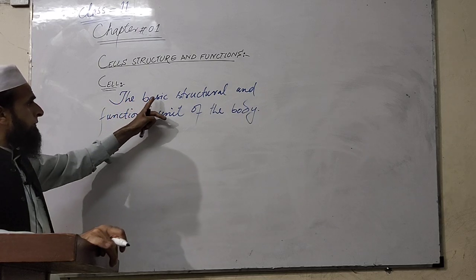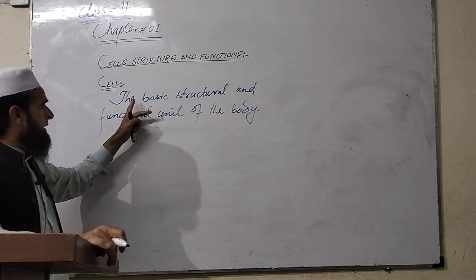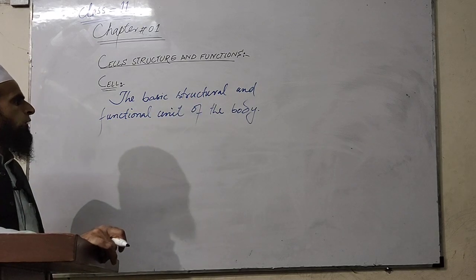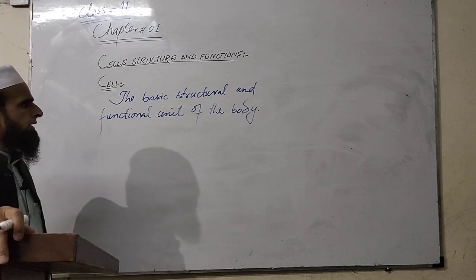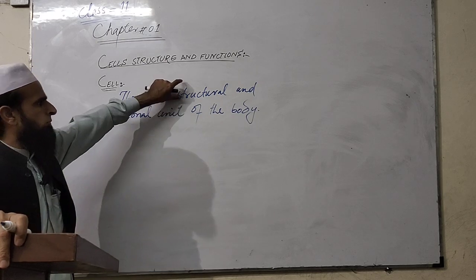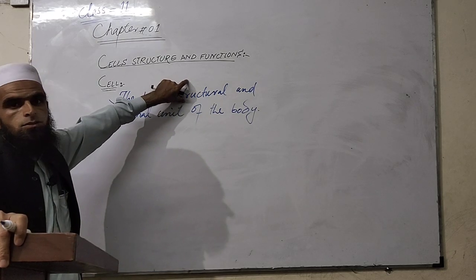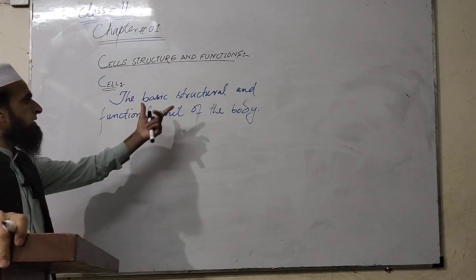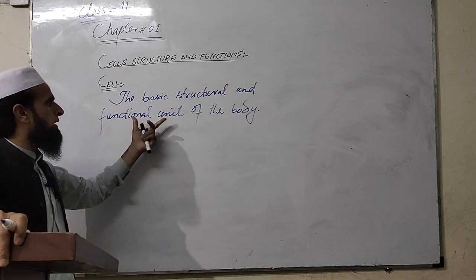Now according to the definition, we define it as the basic structural and functional unit of the body. Let us explain these words. What is meant by structural unit and functional unit?